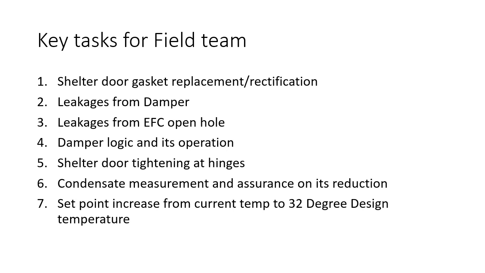Task 6 is a very important task, which is to measure the condensate, which is nothing but the water rejection from the EFC machine. Before doing any rectification for leakages, you have to measure the condensate.